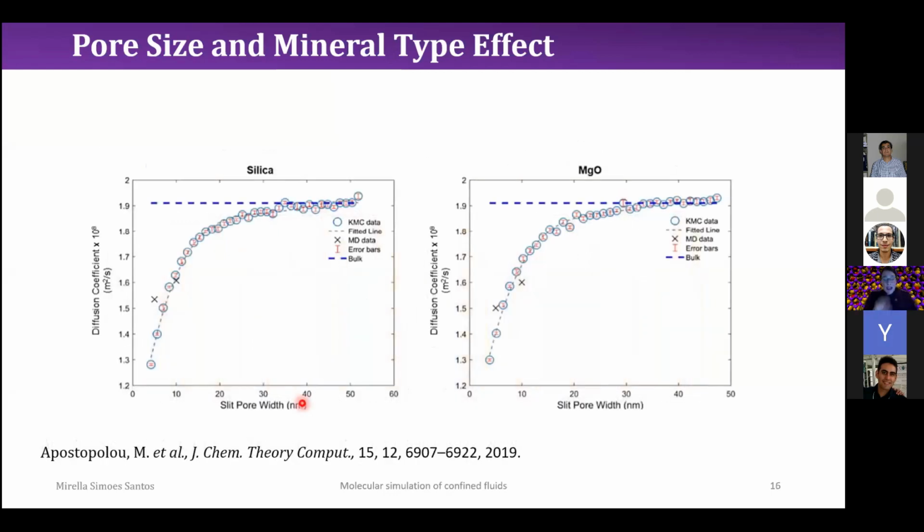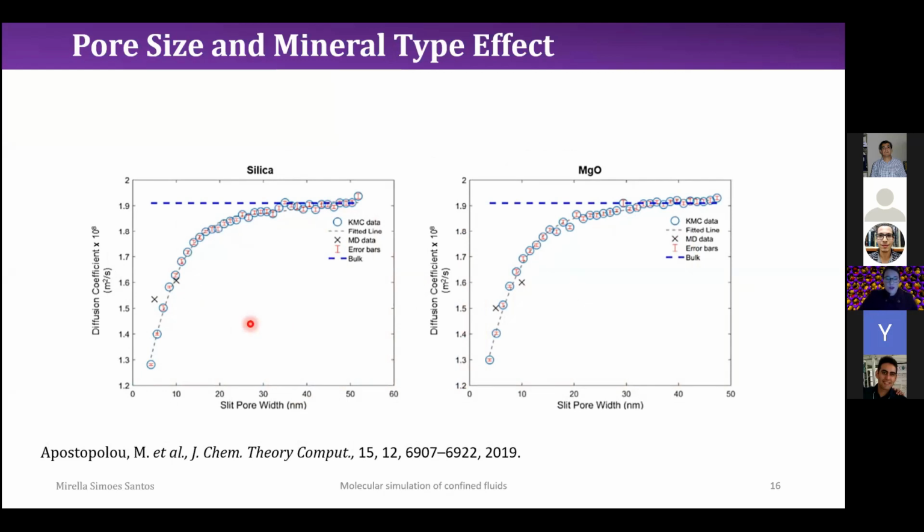So that information, from the 5 nanometer pores, was used as an input for the kinetic Monte Carlo methodology. And for 35 different pore widths for each one of the minerals, we obtain the self-diffusion coefficient for methane. So the circles, sorry, are these 35 points for each one of the minerals.